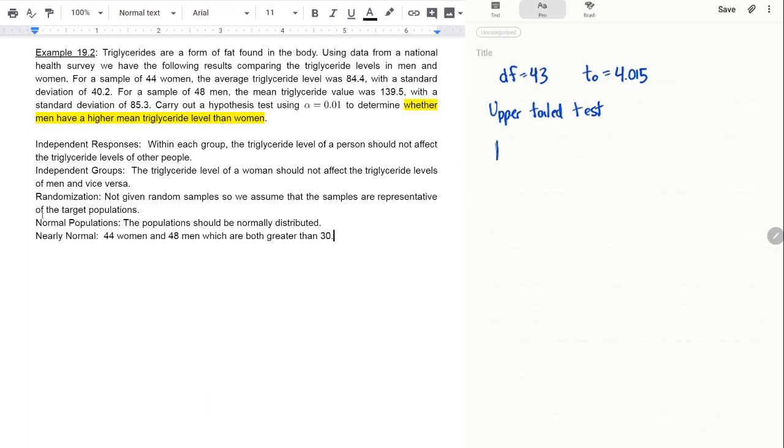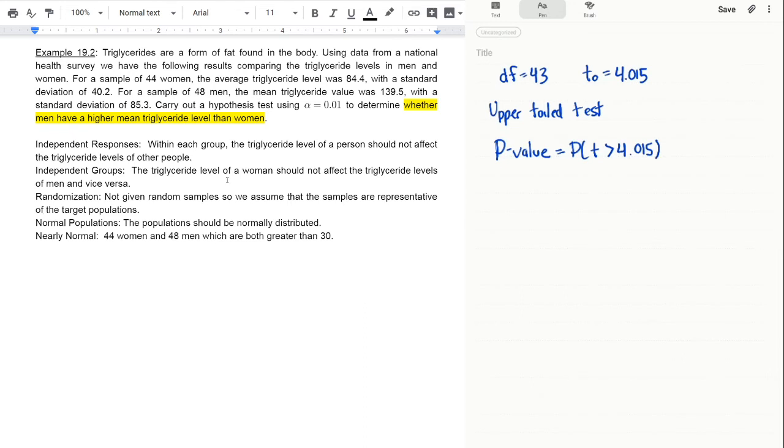That tells us that the p-value is going to be the area to the right of our test statistic with 43 degrees of freedom.